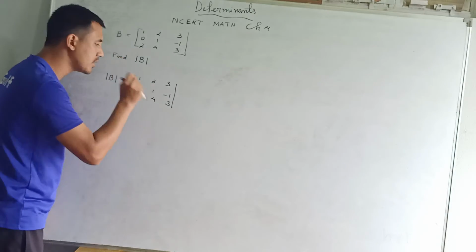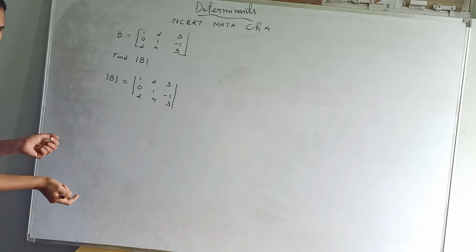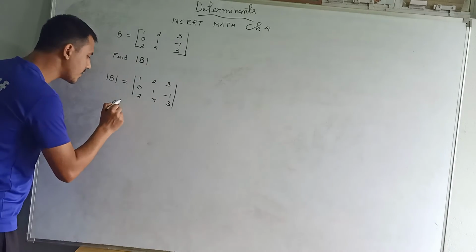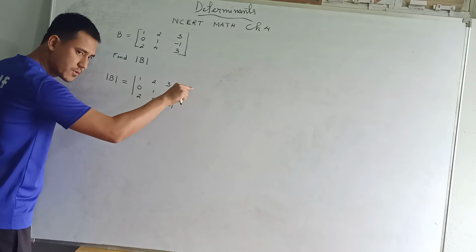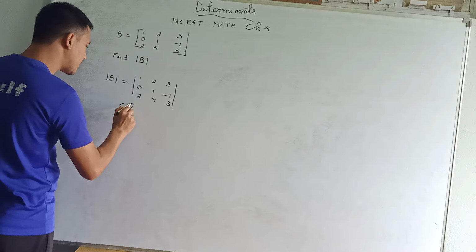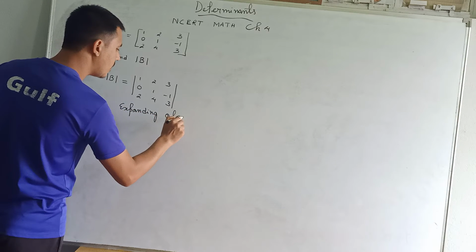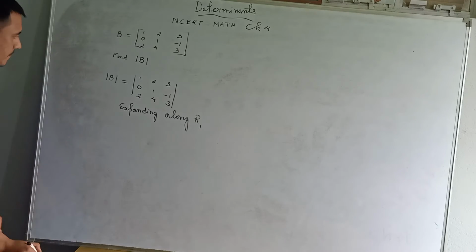You can expand it in any way. I will teach you some of the ways. Suppose I want to expand this determinant along R1, along the first row. So let us expand this determinant along R1.